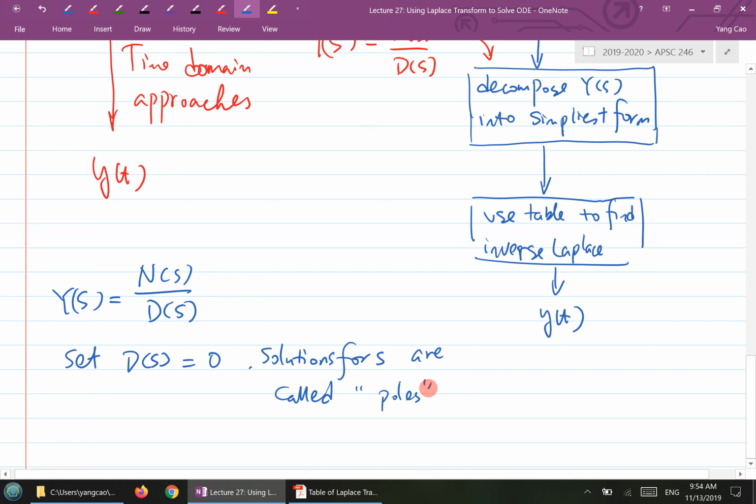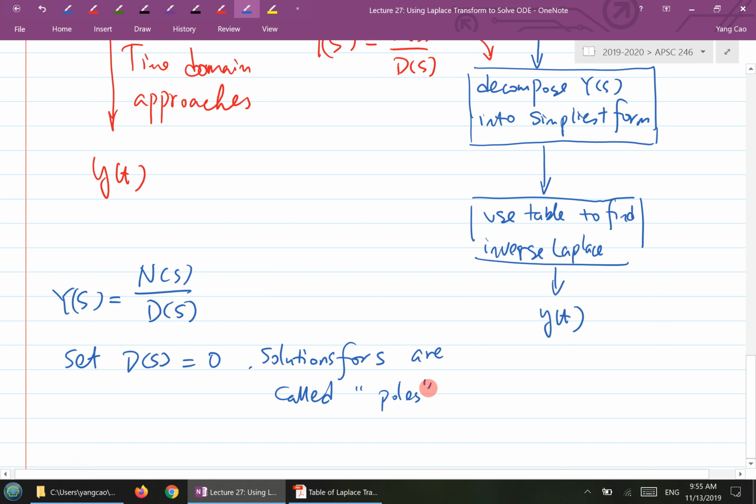When you set the denominator to be 0 and solve for s, those solutions are called the poles of the system. Single most important concept when you learn control systems, basically. The poles of the system determine the stability of the system.